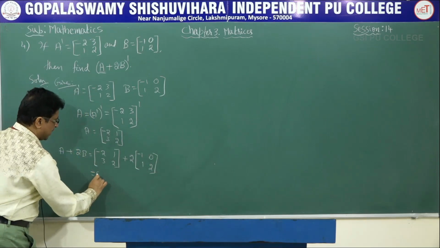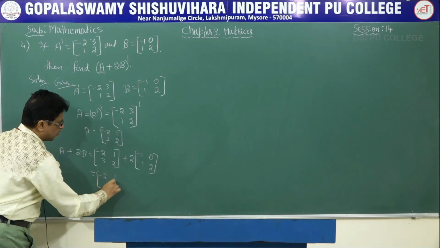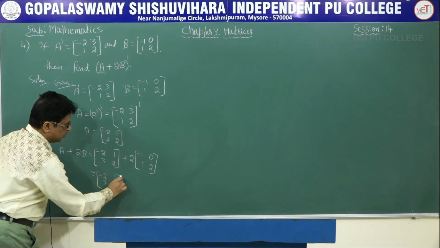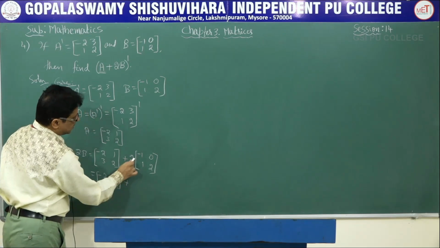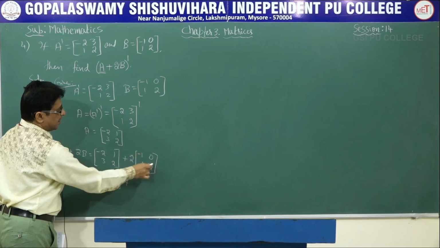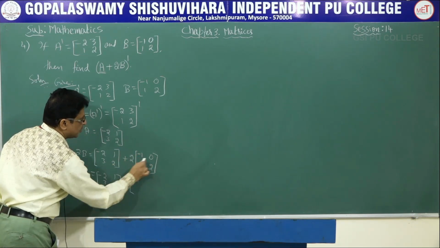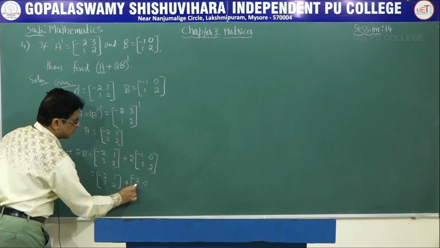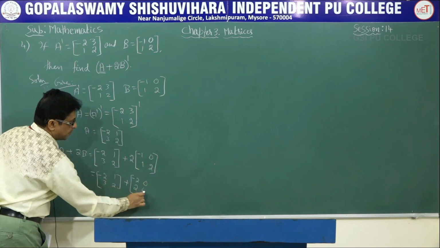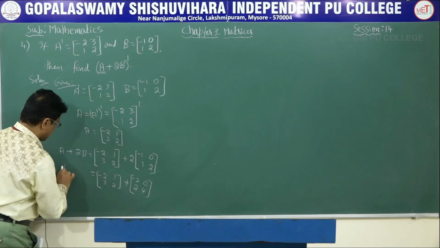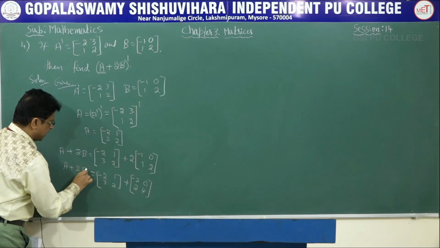So that will be equal to [-2 1; 3 2] plus this 2 is multiplied to the entire matrix. So -2, 2 into 0 is 0, 2 into 1 is 2, 2 into 2 is 4. So this is 2B.